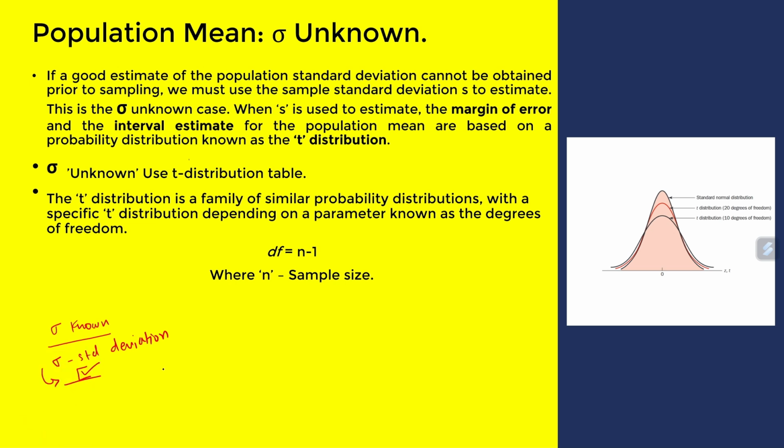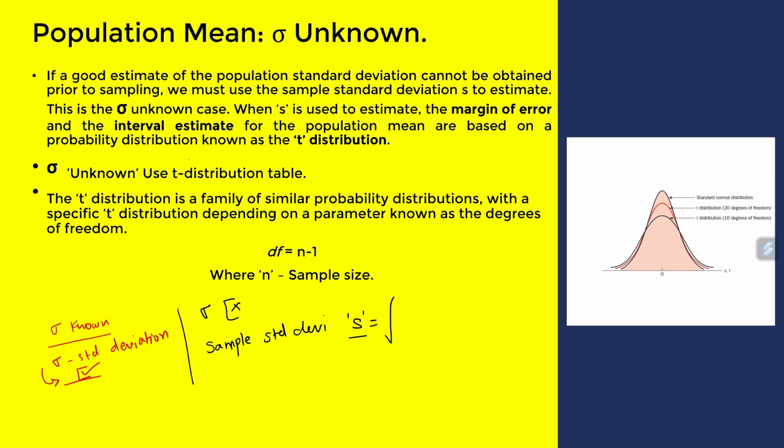Now in this case the problem will not give us the standard deviation. So we will calculate the sample standard deviation with the help of a formula, and we will denote it by smaller s.